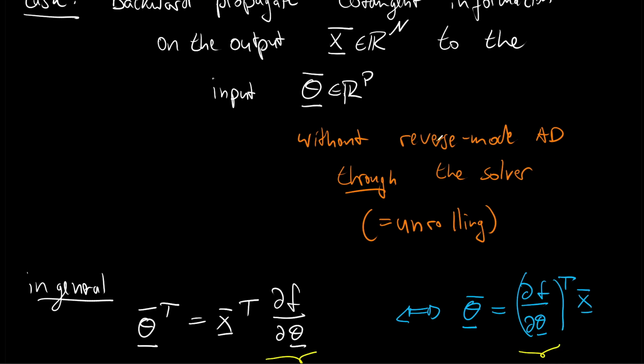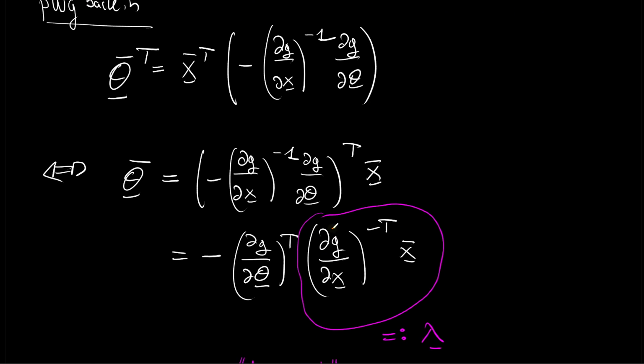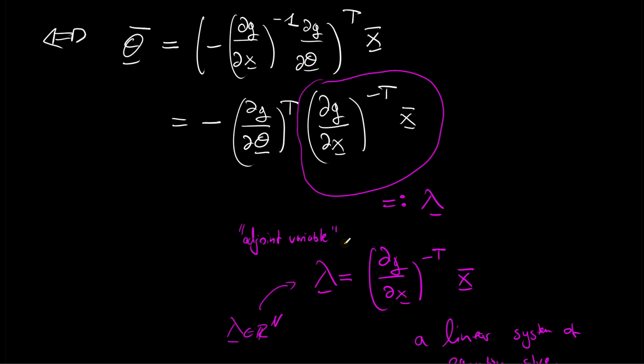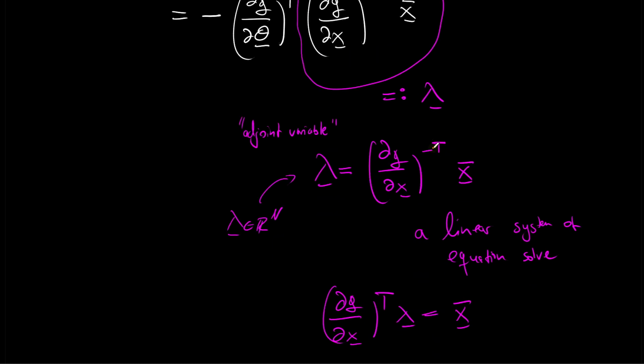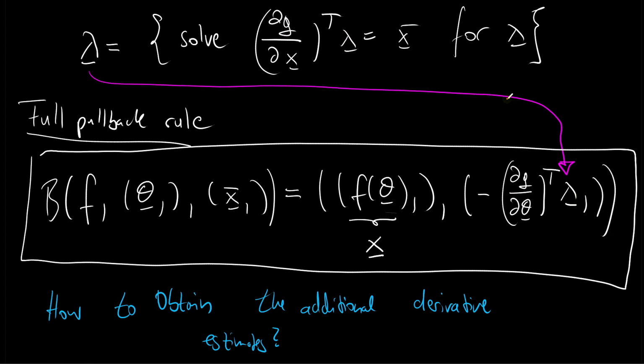We could either use an unrolling approach, which sometimes might not even work, or we alternatively employ the implicit function theorem, and then we find that a reverse mode rule can be given with the help of a solution to a linear system of equations and the evaluation of some vector-Jacobian products on the optimality condition. And so we can then define a full pullback rule that evaluates that and calls the linear solvers.